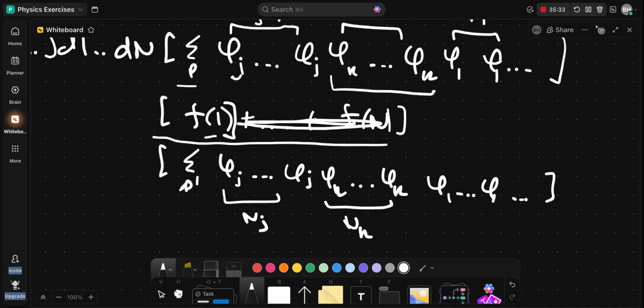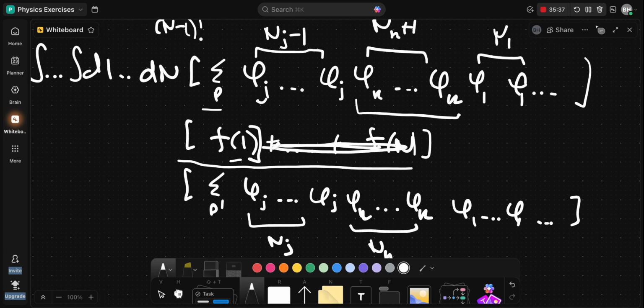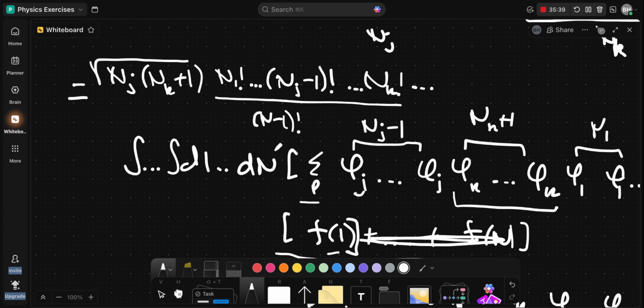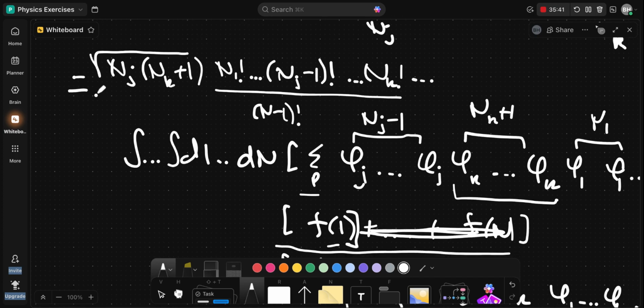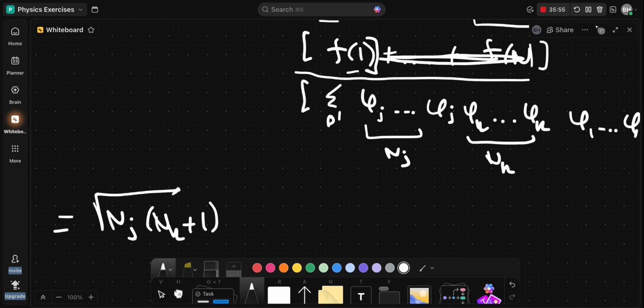That's the permutation we're going to study. Okay, so what happens in that case? Well, what happens is, okay, we're going to keep this, okay, so that nothing happens to that. That's going to give us square root of nj nk plus 1.